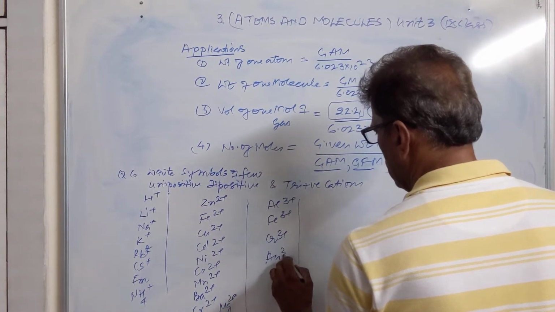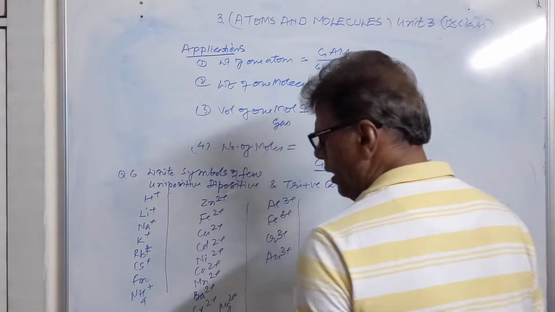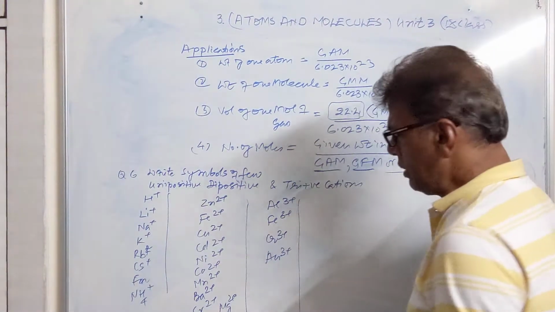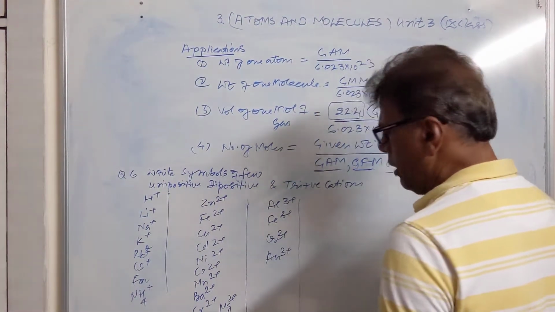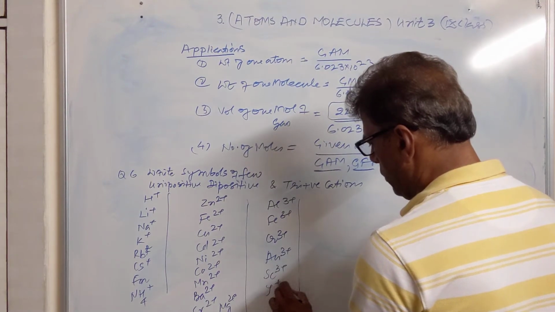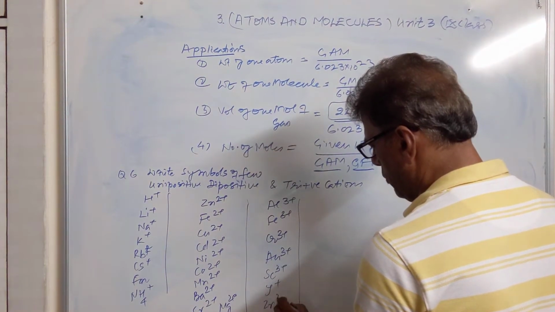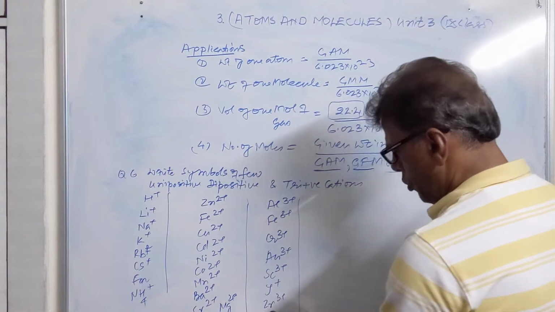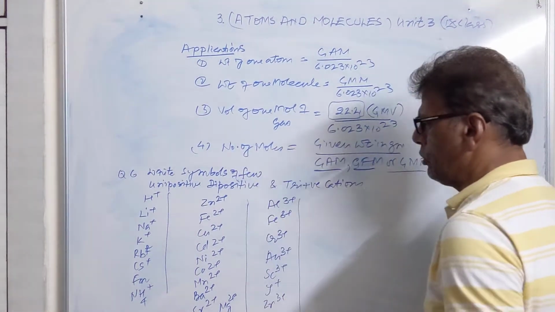Gold is tripositive. Similarly, the metals of the transition group, the d block elements, can form tripositive ions. Yttrium can form, zirconium can form, molybdenum can form. So these are tripositive ions.